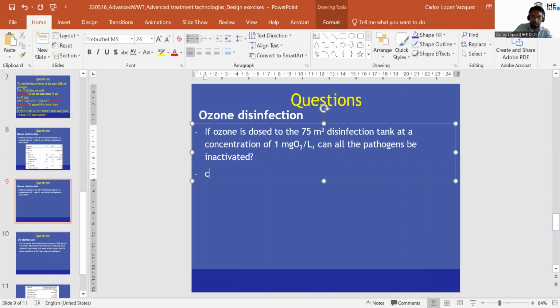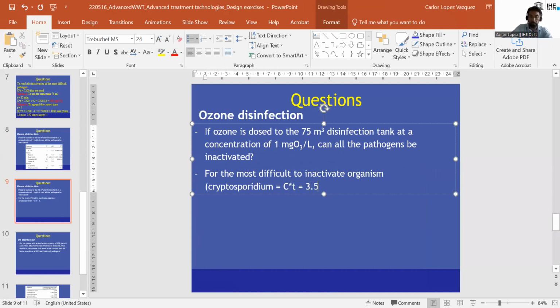So now the CT for the most difficult to inactivate organism, that is Cryptosporidium, is 3.5. If we add 1, what do we have?